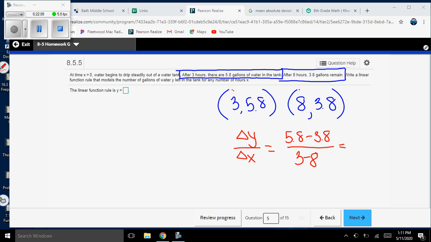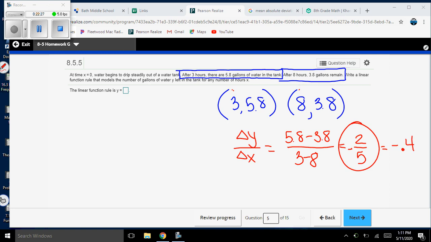So it's going to be 2 over negative 5. So my slope is actually negative 2/5. Okay? Or if you wanted to, since it looks as if they were giving it to us in decimals, you could say negative 4/10.